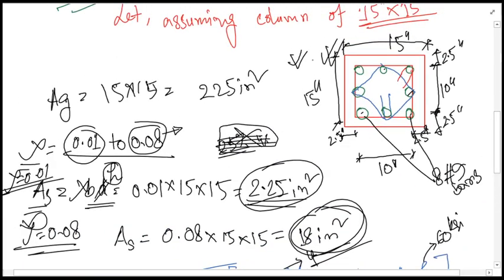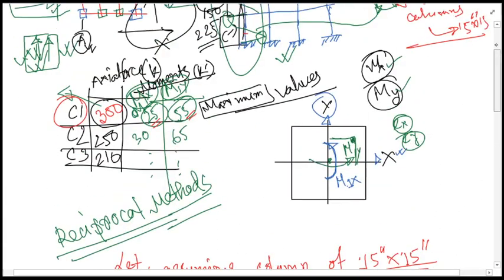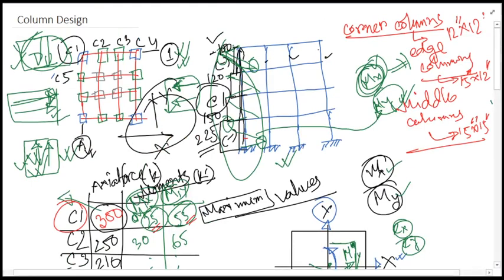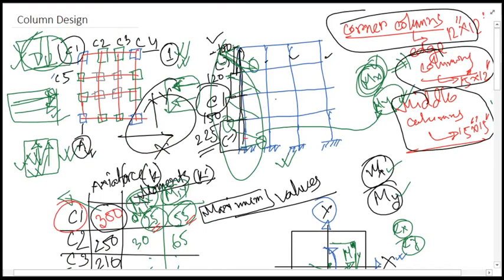For your case, as I have said, you will be taking 3 types of columns, and for the 3 types of columns you will be defining 3 types of dimensions according to your convenience. And obviously you have f'c and fy, then you will be defining a particular pattern of reinforcement.